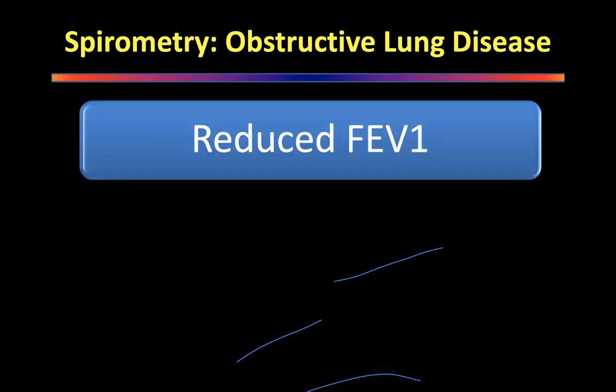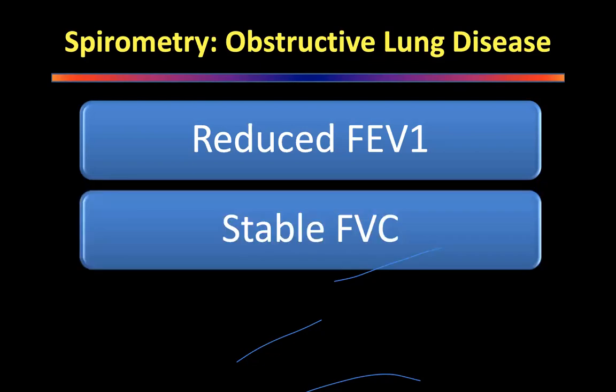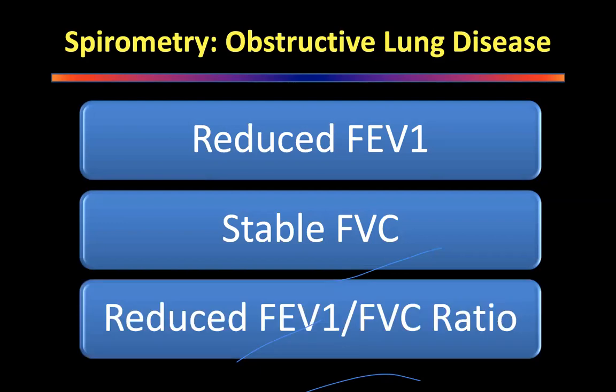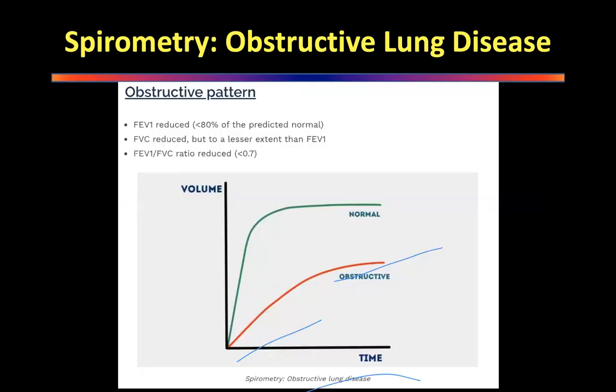So in an obstructive lung disease, your FEV1 is reduced. Please write this down. Your FEV1 is reduced. Your FVC remains stable. Hence, your FEV1 FVC ratio goes down. That is the understanding. This is the spirometry of a normal person. And here is your obstructive pathology.